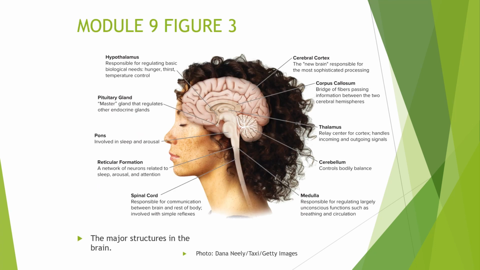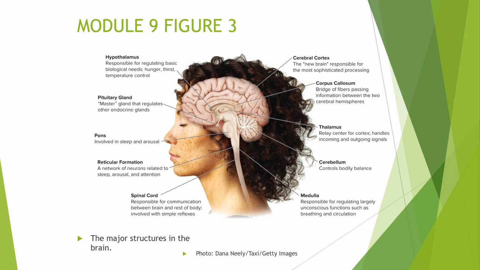Figure 3, this is on page 73 in your textbook, and this figure is just going to show you where these various parts of your brain are located, right? So here we have our spinal cord, and here we're talking now about our hindbrain. So we have the medulla, the pons, the reticular formation, and the cerebellum.